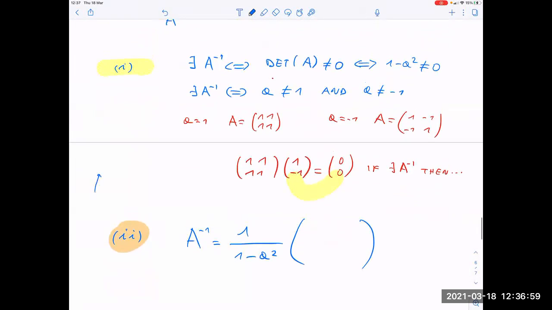So I write A here for a second. If you remember, you have to exchange the diagonal elements, and then the off-diagonal elements are exchanged with a minus in front of them. And this is the inverse of our matrix A.